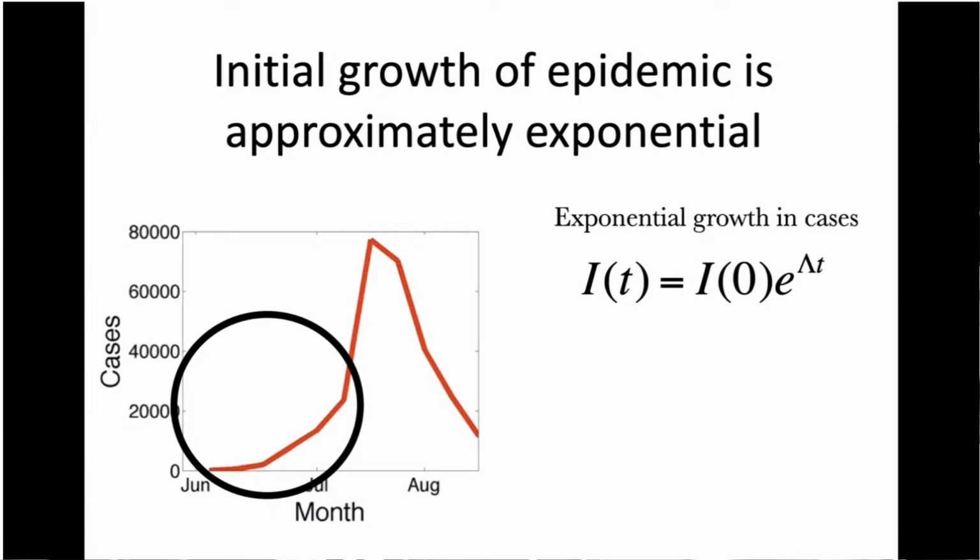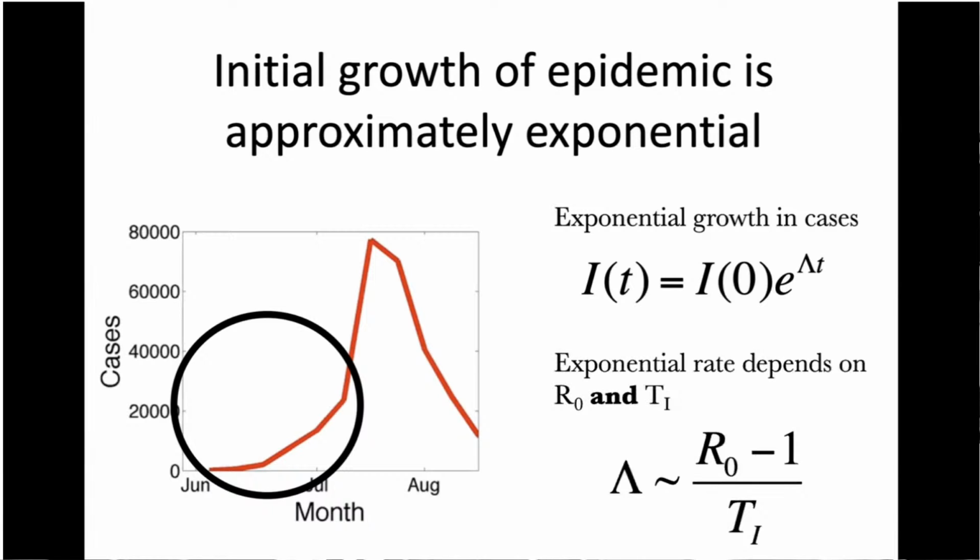So the infected number of people at any time depends on the number initially infected and some rate of infection that is constant over time, because we're assuming an exponential distribution. And that exponential rate can be linked roughly with R naught and the duration of infectiousness of that disease, if it is known.